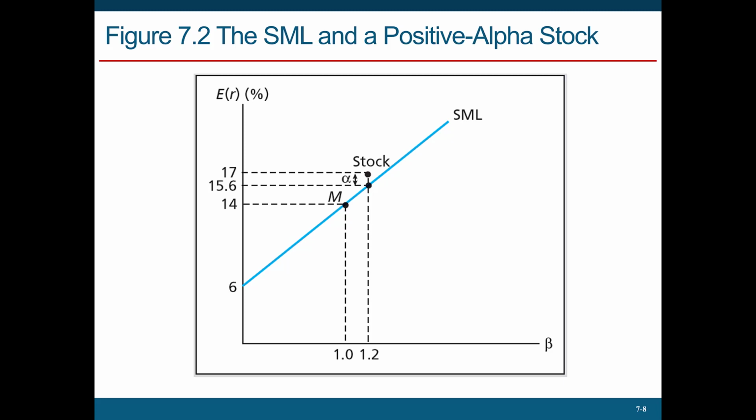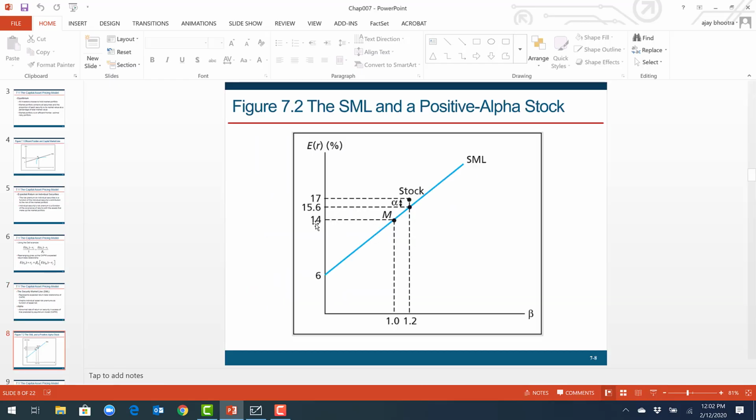All right. So in this example, let me actually write down on the whiteboard the inputs here. The risk-free rate is 6%, expected return on the market is 14%, right? So let me write that down.